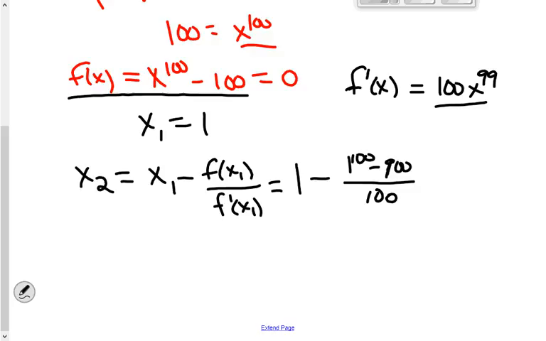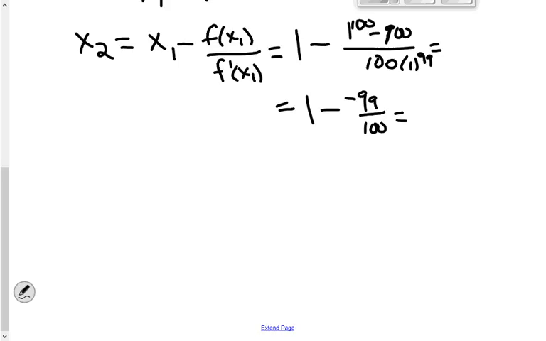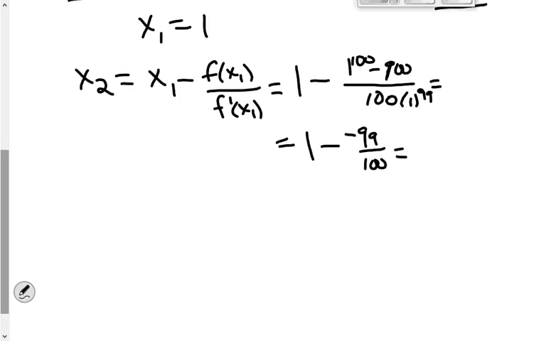Okay, so over 100 times 1 to the 99. So that's going to give me 1 minus what? Well, negative 99 over 100. And I've got 2 negative signs, so this is really going to become 1.99.